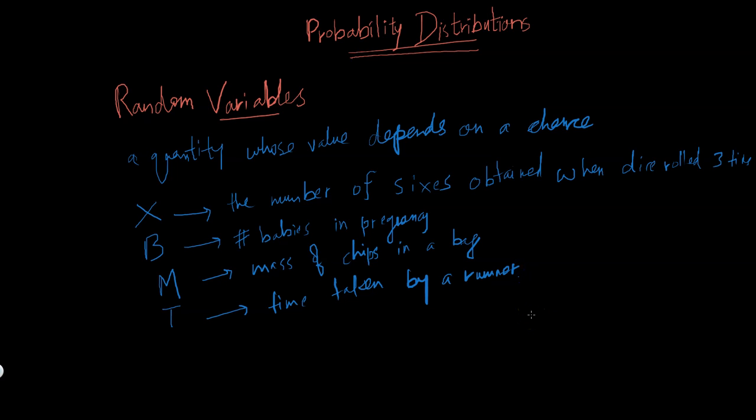So again, random variables are denoted by capital letters. As you can see, X, B, M, T, they're all capital. X is the number of sixes obtained when a dice is rolled 3 times. B is the number of babies in pregnancy. M is the mass of chips in a bag, and capital T is the time taken by a runner. So the X and B here have a finite or countable number of possible values.